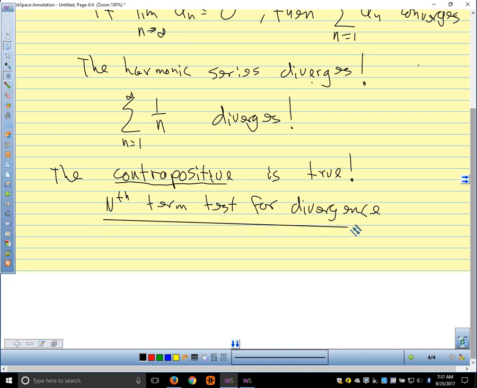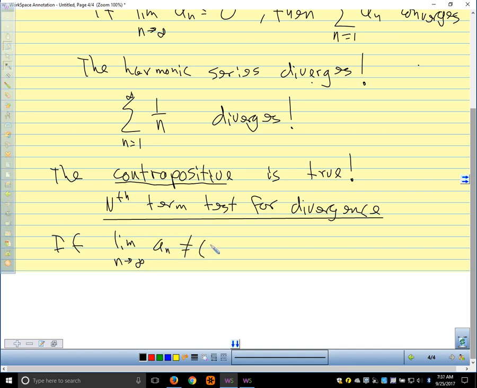What the contrapositive says is if the limit as n approaches infinity of a sub n is not 0, then the series diverges.